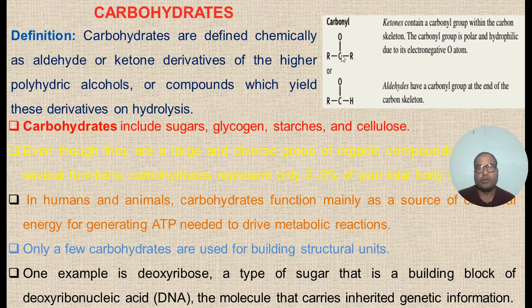In a ketone, the carbonyl oxygen may be present anywhere in the chain, but in aldehydes it is always present at one end of the carbon skeleton chain, bound to an alkyl group from only one side, and the other side is hydrogen.